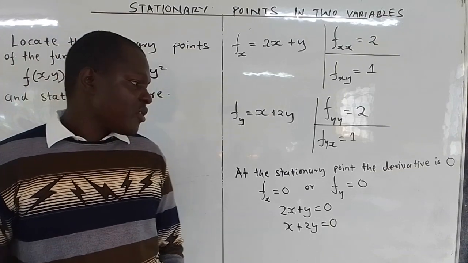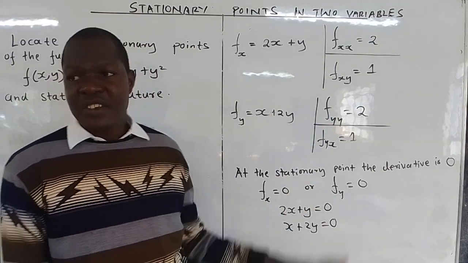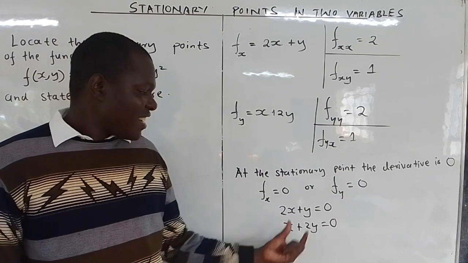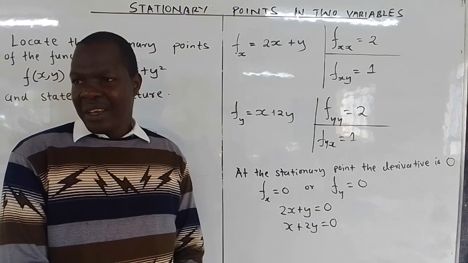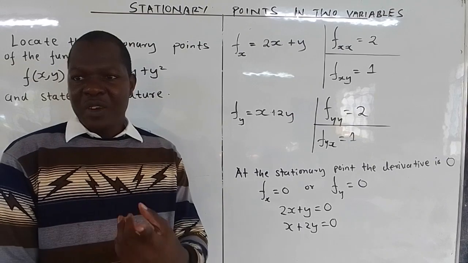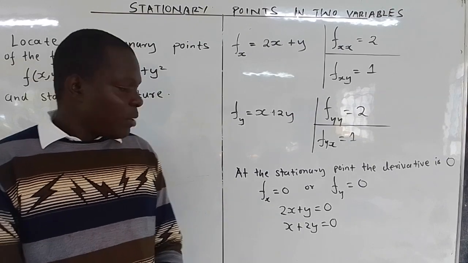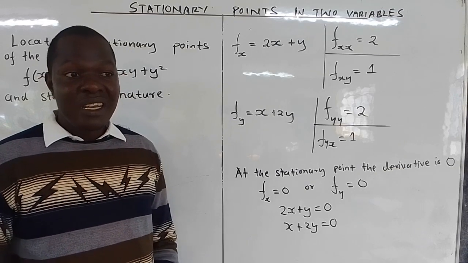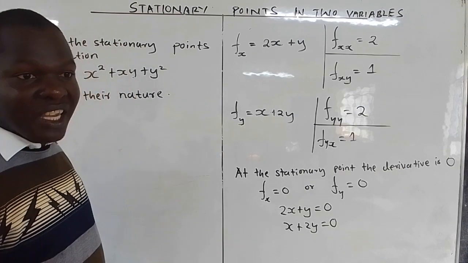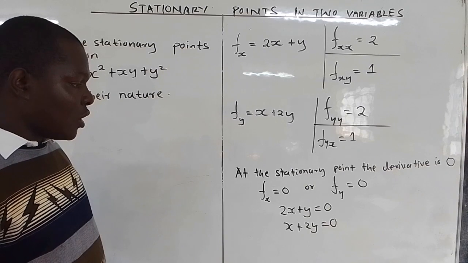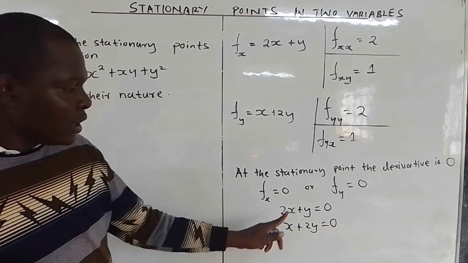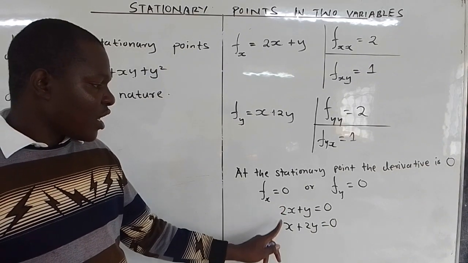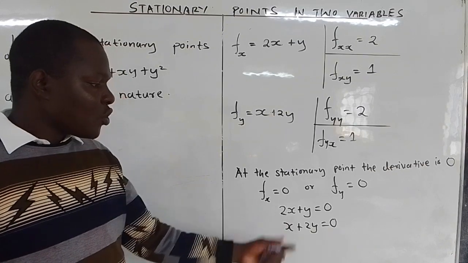In this case, it is a single stationary point because the equations are linear, isn't it? When you have linear equations, you are going to get one solution. If one of the equations was quadratic, then you will get 2 solutions, isn't it? Good.